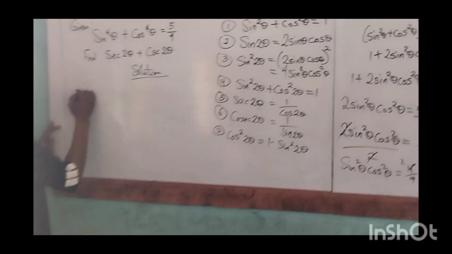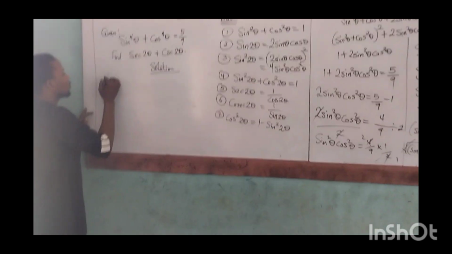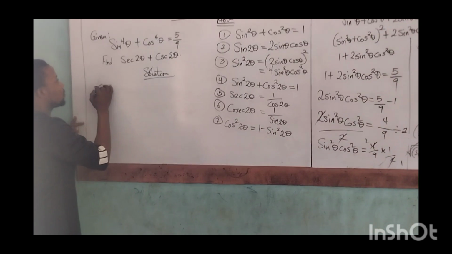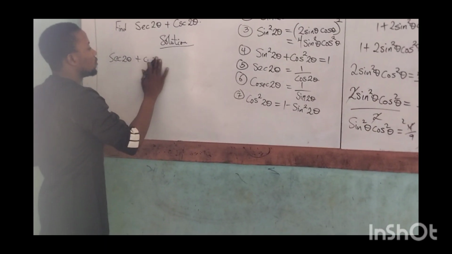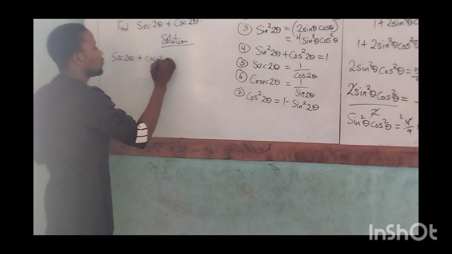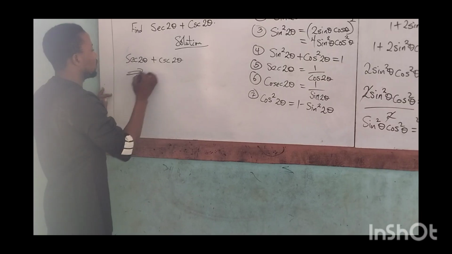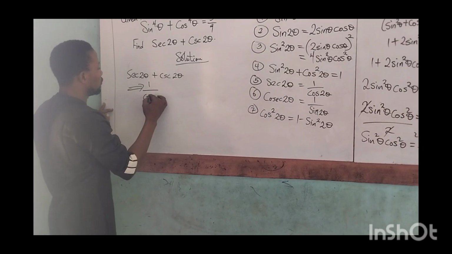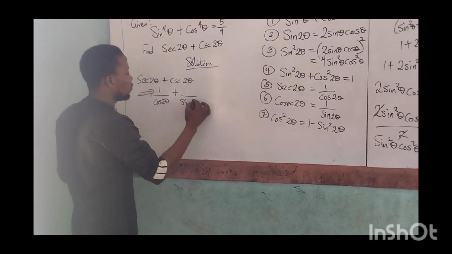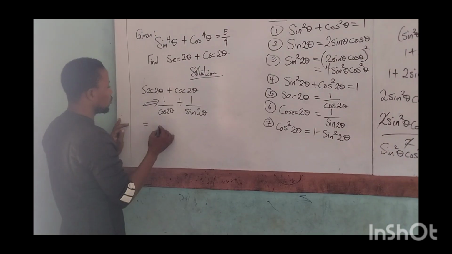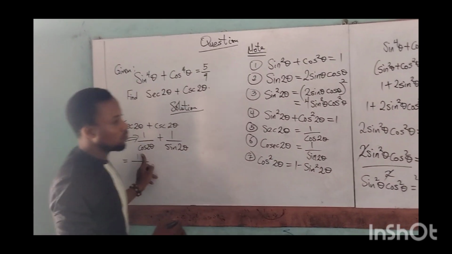So I can now put this system together, like this: sec 2 theta plus cosec 2 theta, which implies 1 over cos 2 theta plus 1 over sine 2 theta, which is equal to 1 over, what is cos 2 theta?